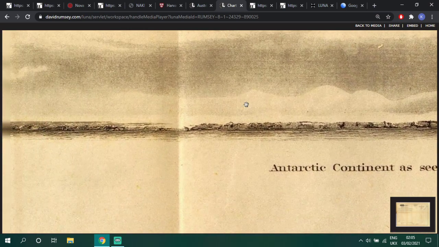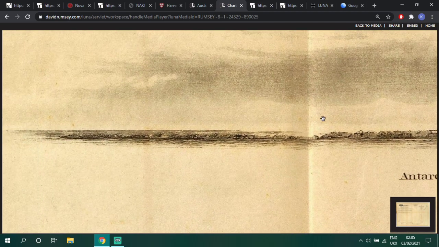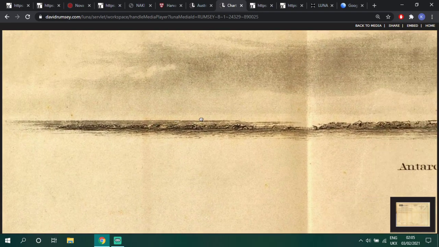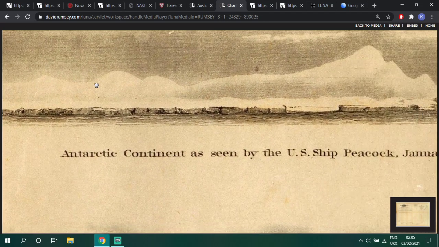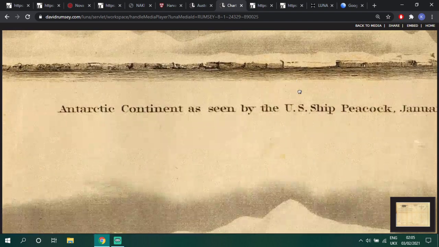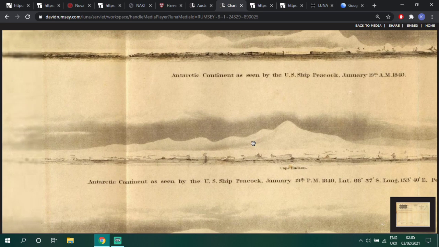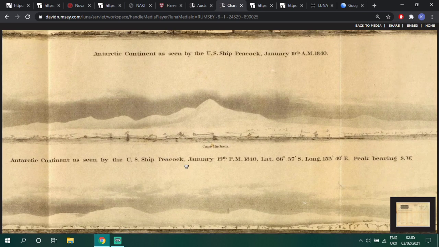How else do they take these photographs in the past? Always a bird's eye view. I don't know what these things are there, but anyway, let's go back down, zoom out one. Antarctic continent as seen by the US ship Peacock, January 19th, 1840. Same person.